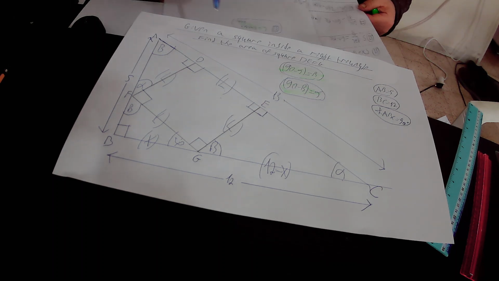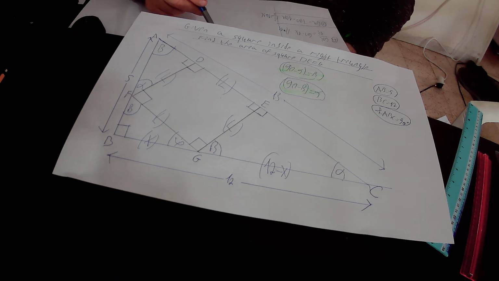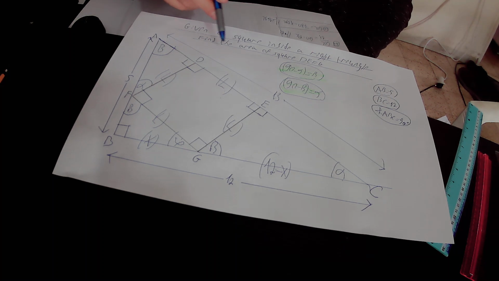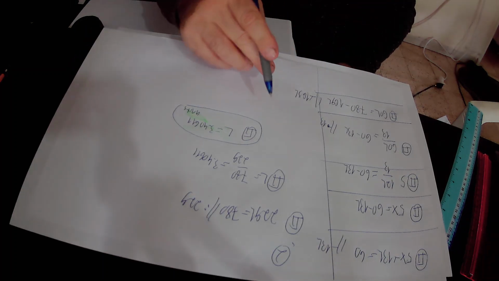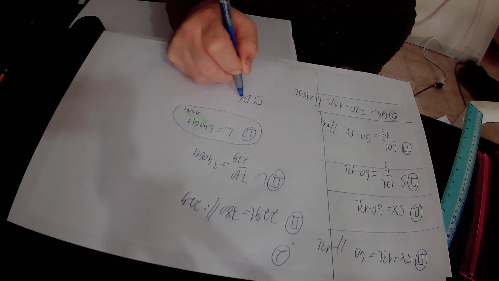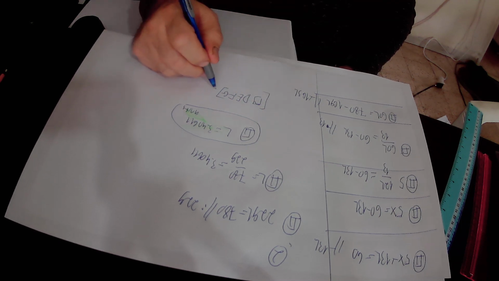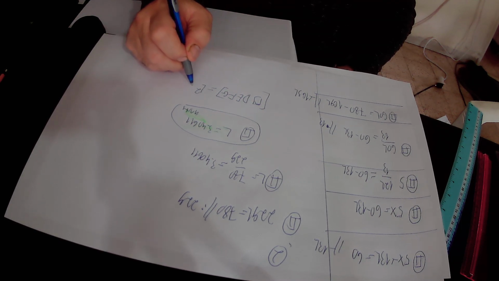What is the area of this square DEFG? The area of any square equals the length of one side squared. The length of one side is L, therefore the area will be L squared. So the area of square DEFG will be equal to L squared.